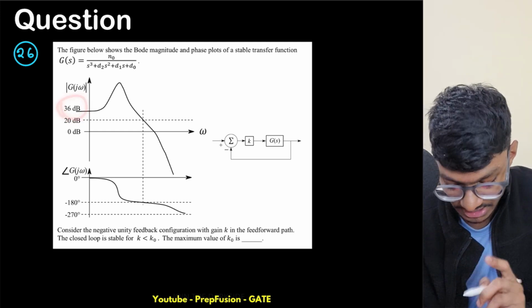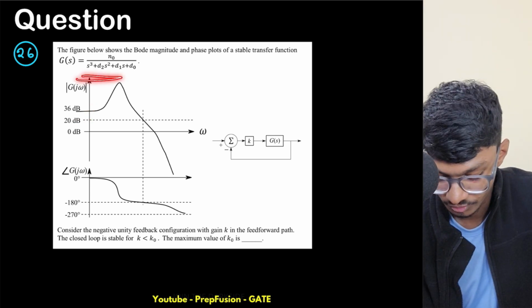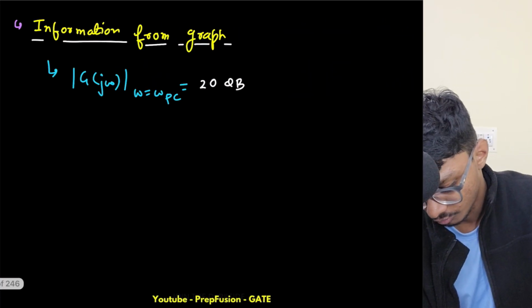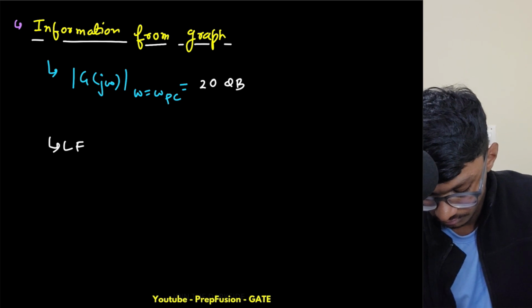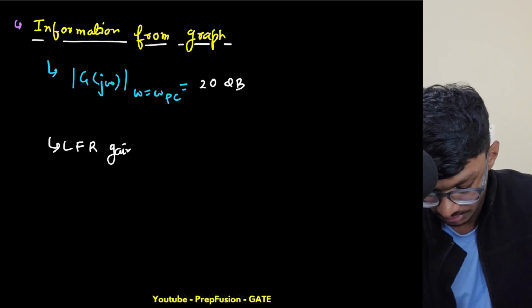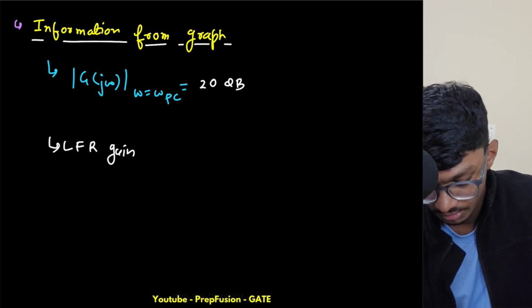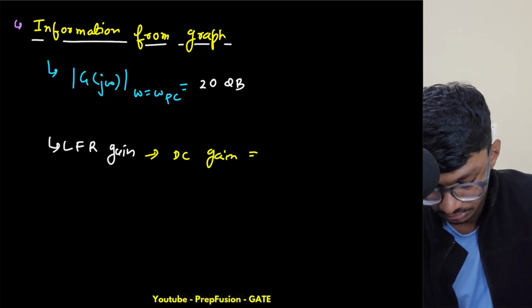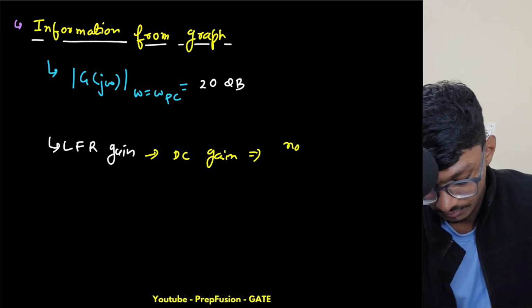They have provided me the DC gain also, because they have provided me the low frequency gain, which we'll assume as DC gain, because we don't have any poles or zeros at the origin. Okay, that means it will be simply equal to DC gain, which is simply N naught by D naught.